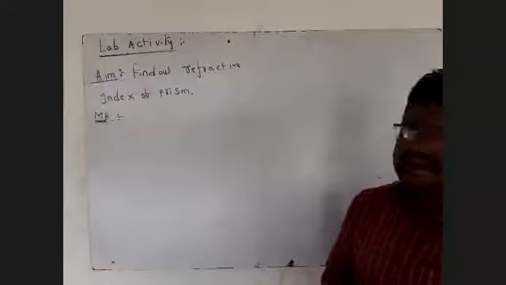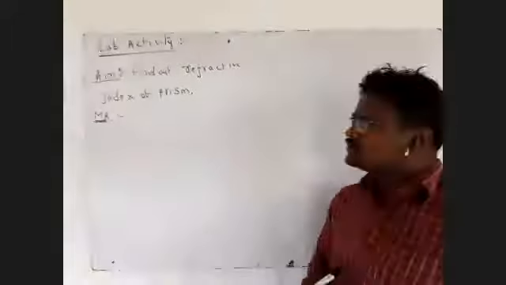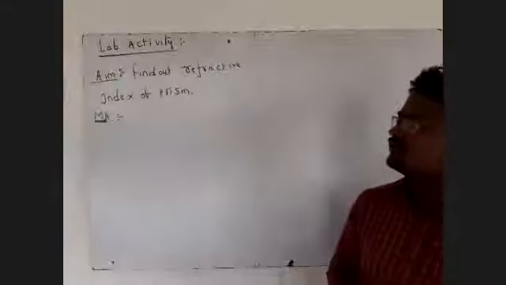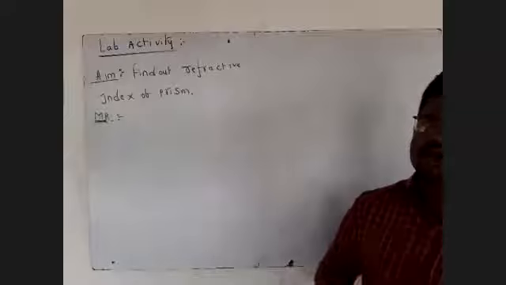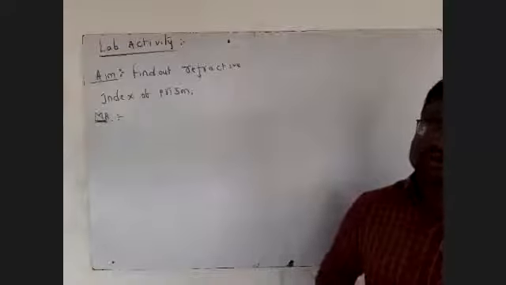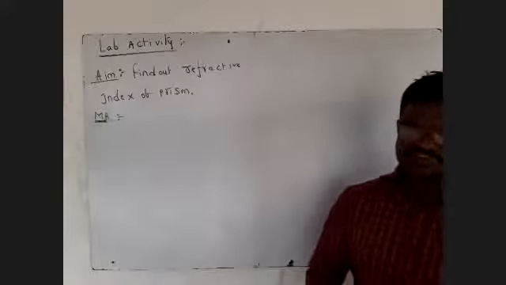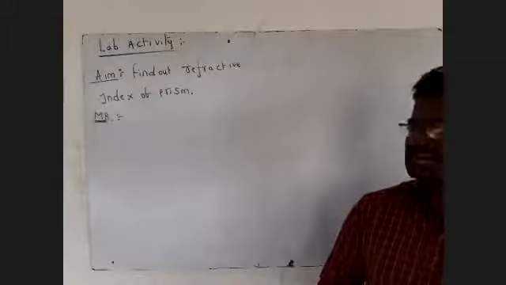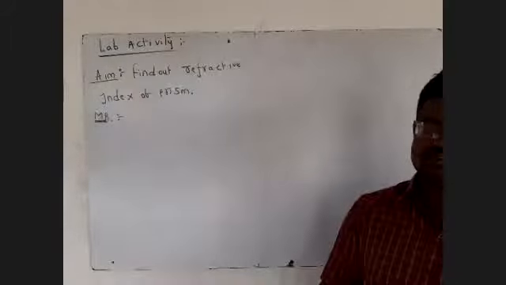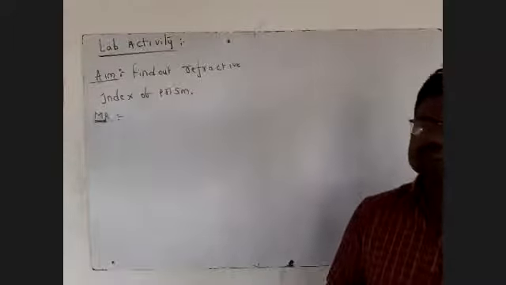We also need clamps. So first, the drawing board, next a white sheet, and a glass prism.